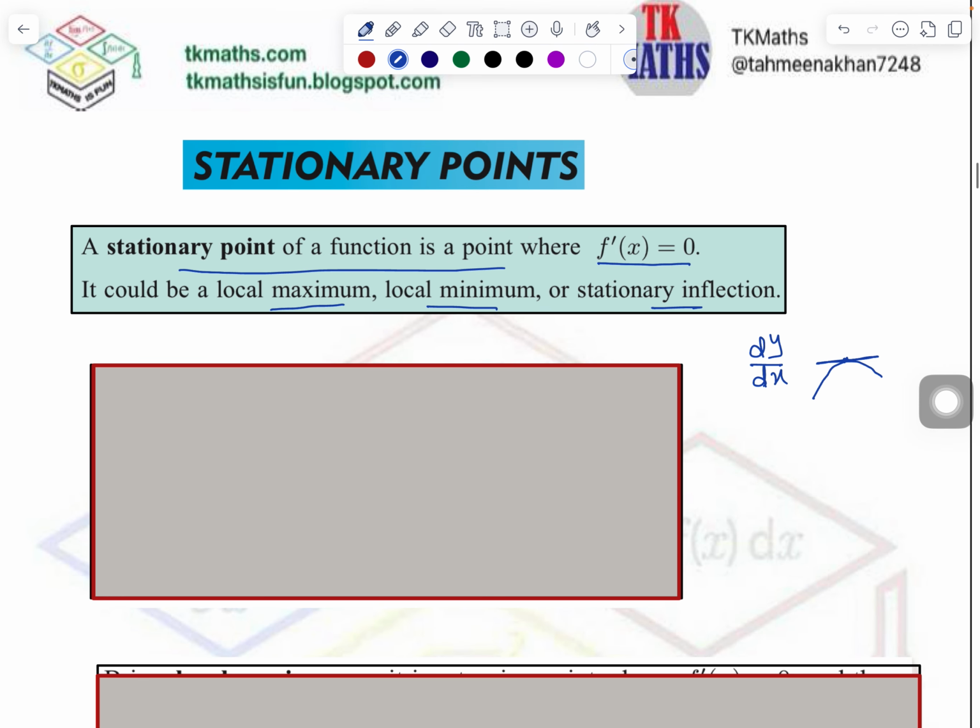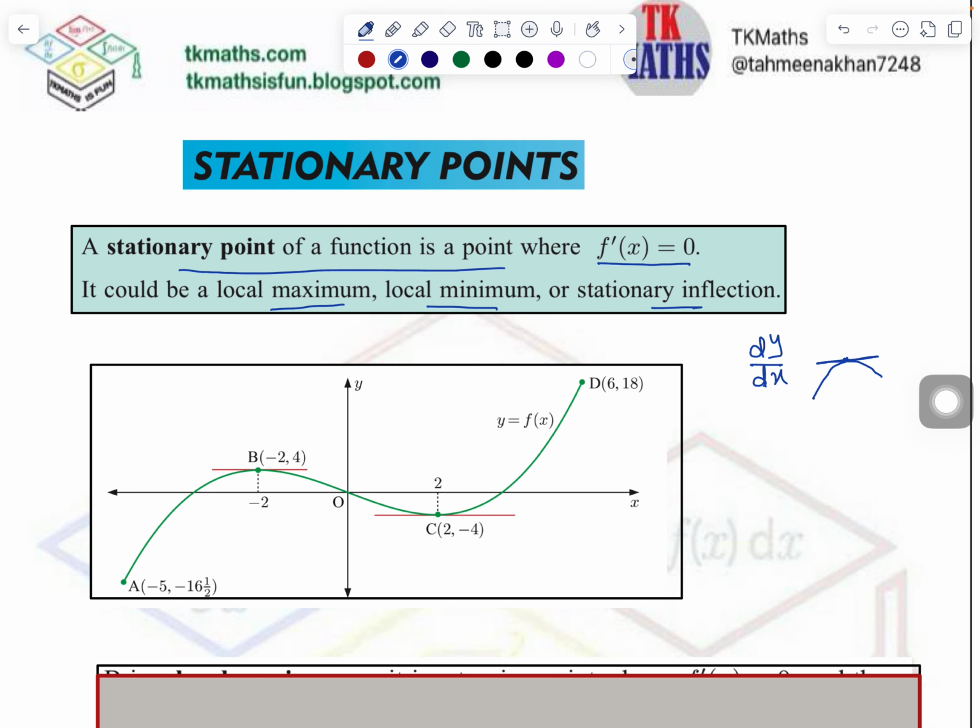So what does this mean? Let's see this in the sketch here. If you look at this diagram, this is a cubic curve, right? So at this point, point B, this is the maximum point in the surrounding. That's why it is called local maximum.